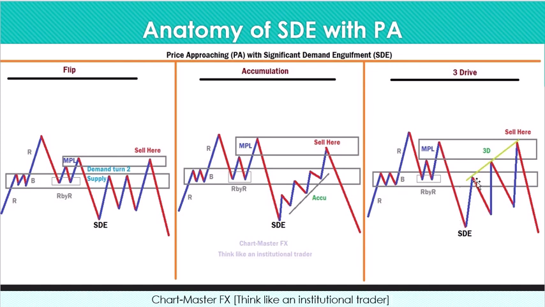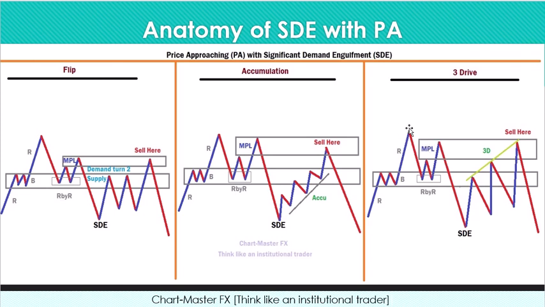Once the price is coming to a significant decision point, it should come either in the form of a flippy, whether it's a fake out, whether it's accumulation, whether it's a 3 drive. And in this case, this is an example of a 3 drive. So the market came to the MPL with a 3 drive. So once you see this 3 drive, then you can place your trade inside the MPL.